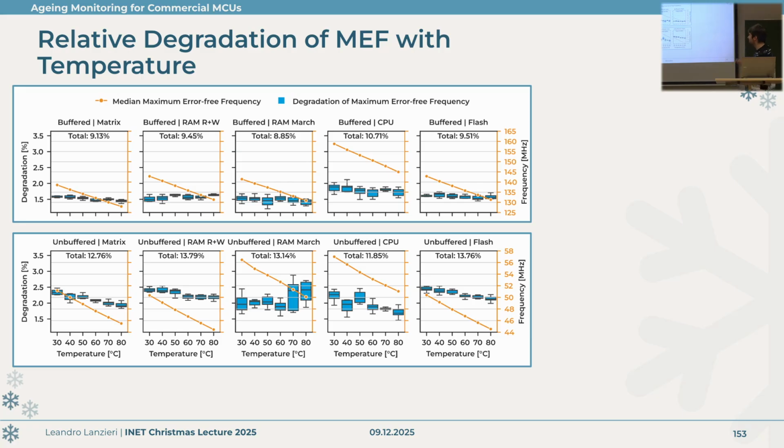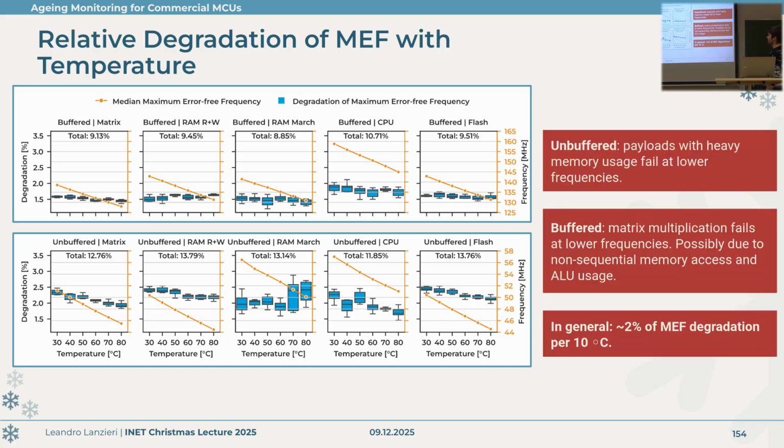Some takeaways from this are that in the unbuffered part, down here, the payloads with heavy memory usage, such as the matrix, the RAM read and write, and the flash, fail at lower frequencies. We can see that because the orange lines are lower than these ones that are actually running from RAM.